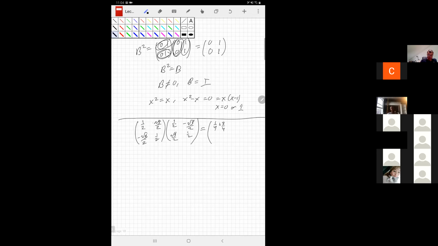So that's going to be 1. 1/2 times minus √3 over 2 is minus √3 over 4. √3 over 2 times 1/2 is plus √3 over 4. Hey, those go to 0.